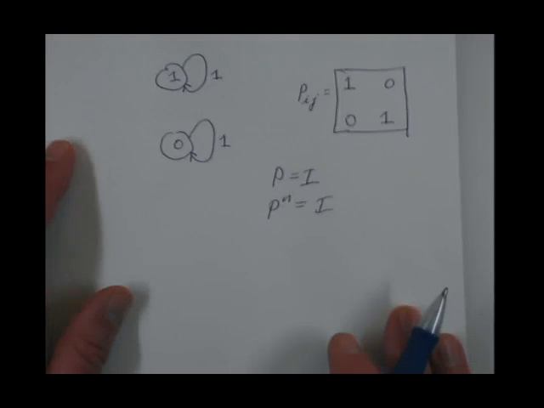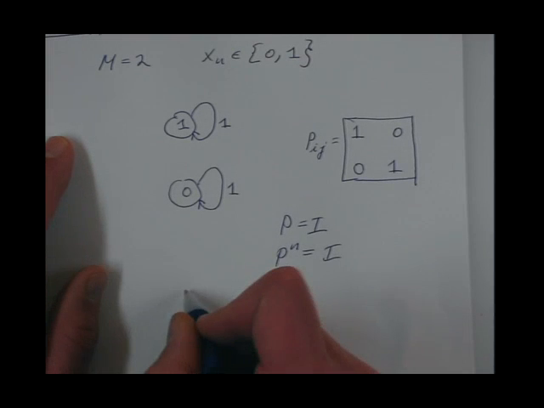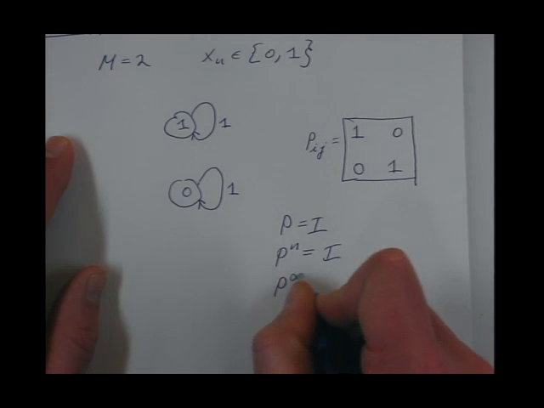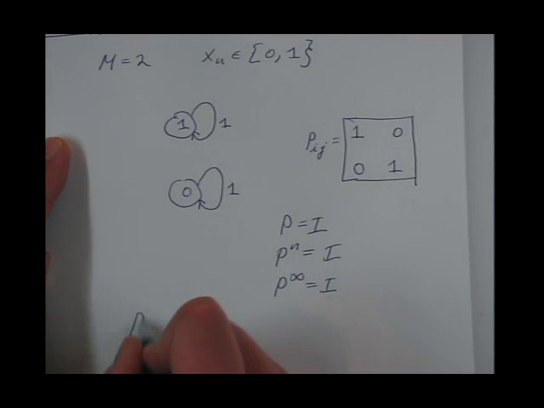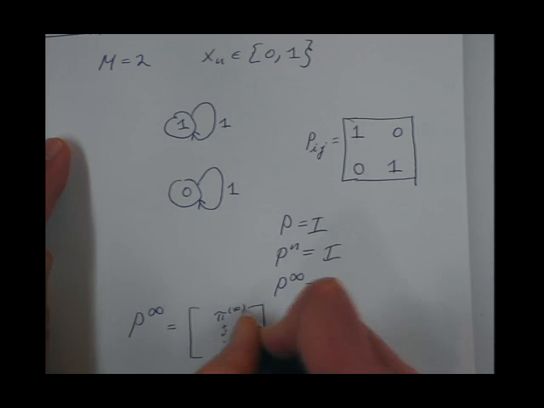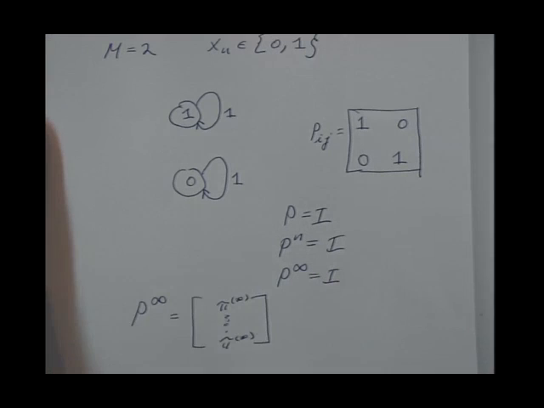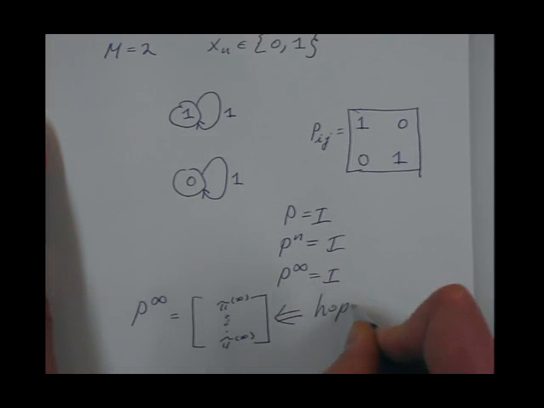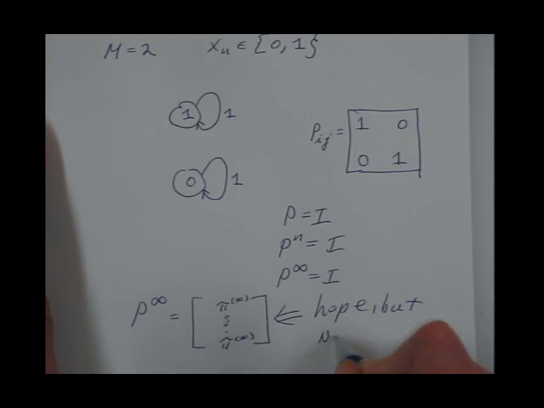So in this case, P of infinity is equal to I. The hope would be that P of infinity has rows, and each row is the same. This is pi infinity, and the last row is pi infinity. So each row of P would be pi infinity, that would be the hope. But in this case, it's not true.